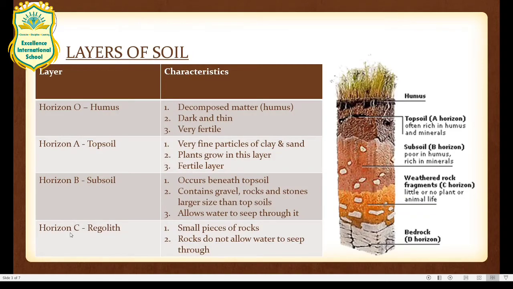Then the last layer is horizon C, regolith. Regolith has rocks, okay, more rocks. There are no nutrients or there's no humus present here.